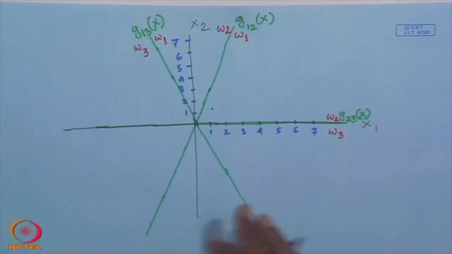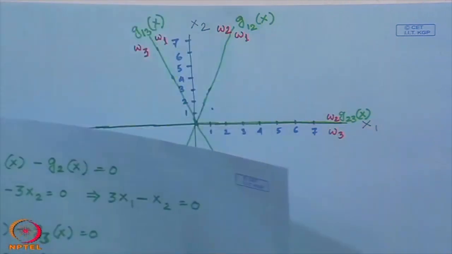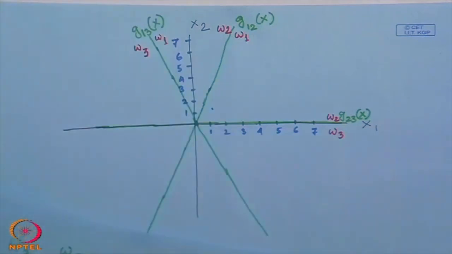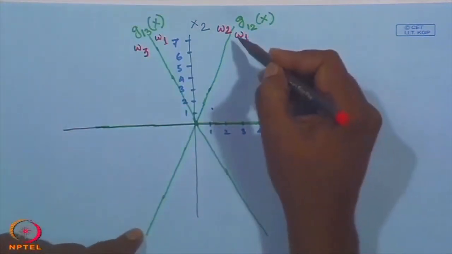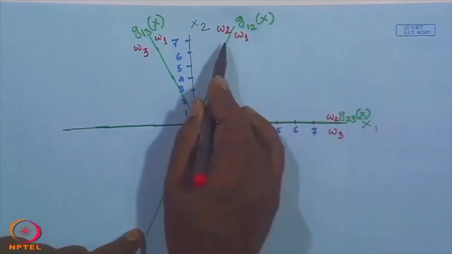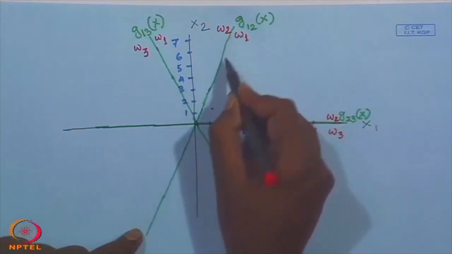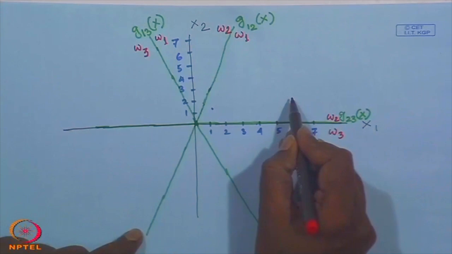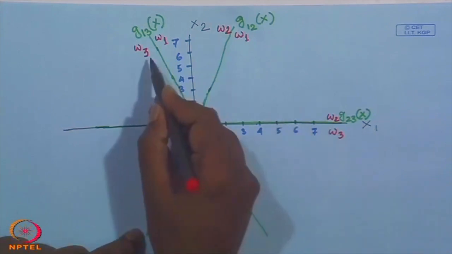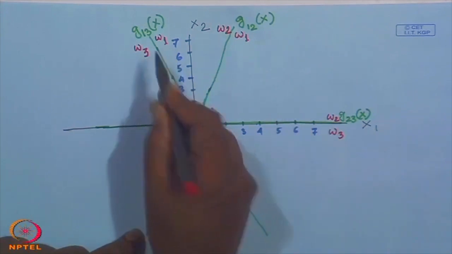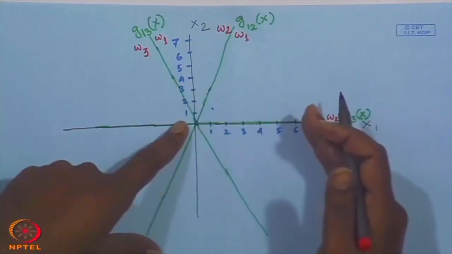Now, let us try to combine what we get from these three decision boundaries. So, coming to this one, between omega 1 and omega 2, this side belongs to omega 1. Between omega 3 and omega 1, this side belongs to omega 1.